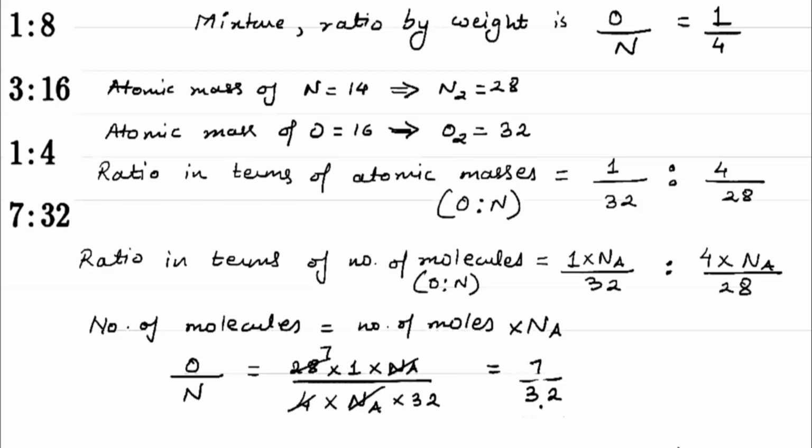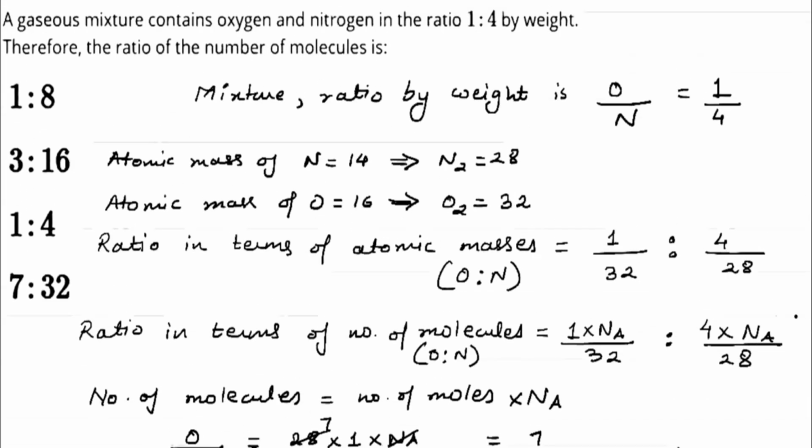That means 7:32 would be the ratio of the number of molecules. Are you getting my point? So this part was number of moles into Na and accordingly we derived our ratio. I hope you understood this calculation. So we are marking option number 4 as our correct answer. Thank you.